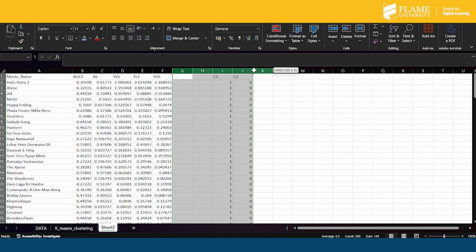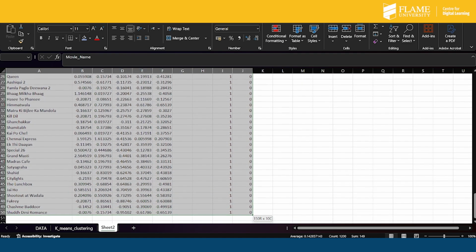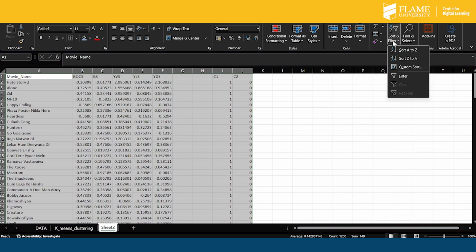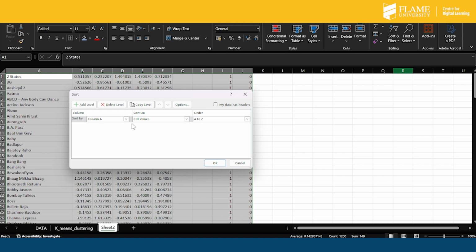So here, first let us distinguish these two clusters. What I will do is sort this entire thing based on the clusters. I use the sort, and here I can use custom sort, where I have to mention that there are levels.